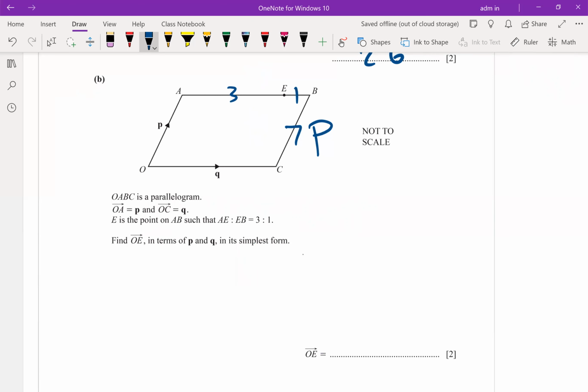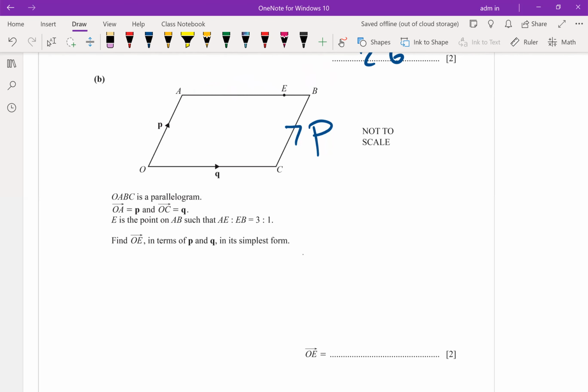So AE is 3/4 of Q, and EB is 1/4 of Q. Clear?